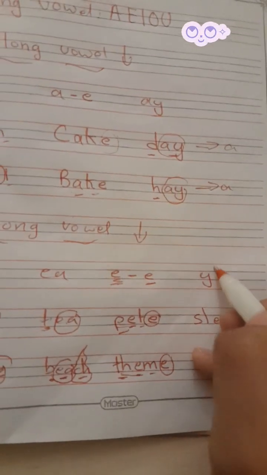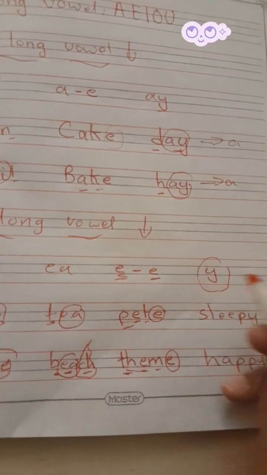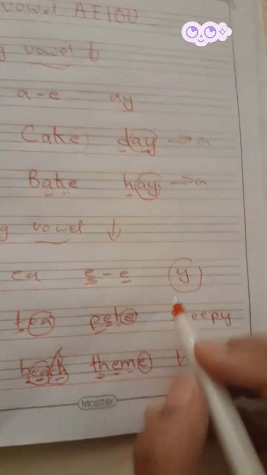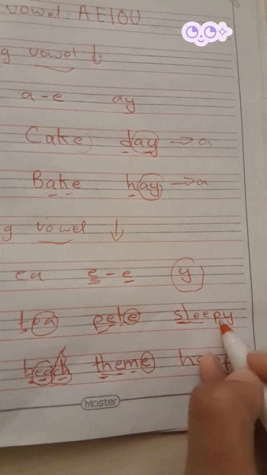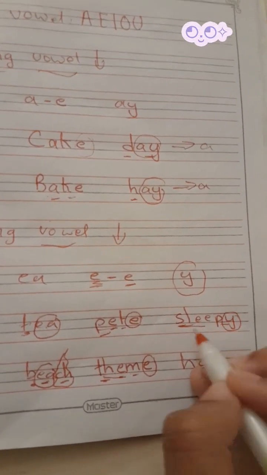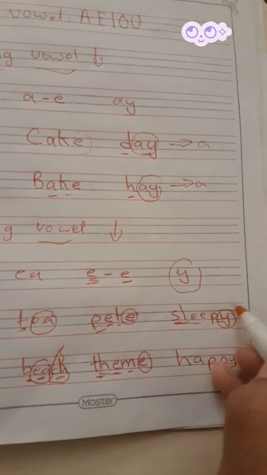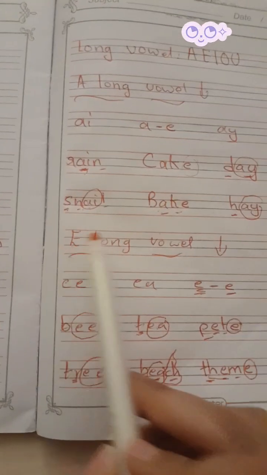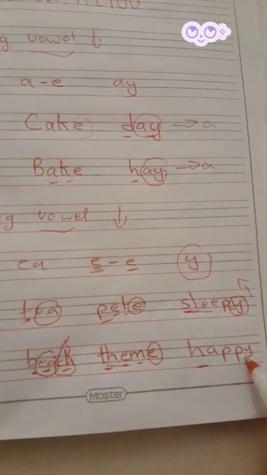Now Y also has what? Y has the long E vowel sound. Let's see. Sleepy. So at the end, Y has the E long vowel sound. Let's see here. Happy.